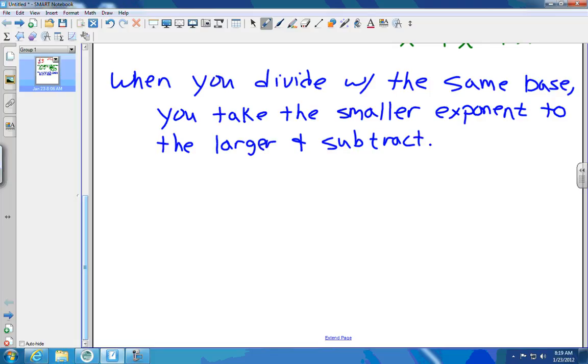Why would we take the smaller one to the bigger one and subtract? Because that way you'll never get a negative number. Exactly.